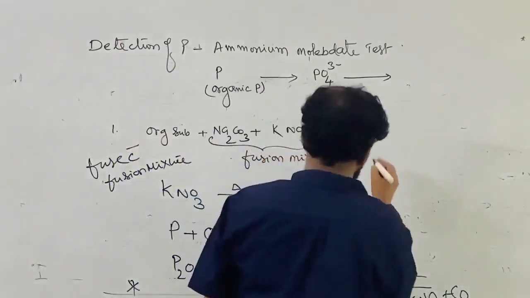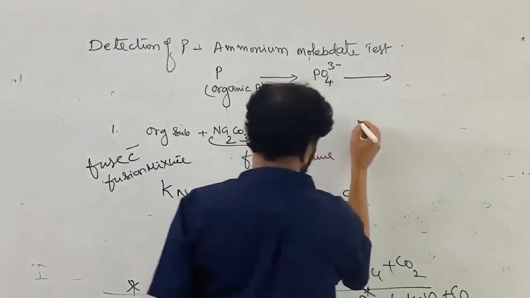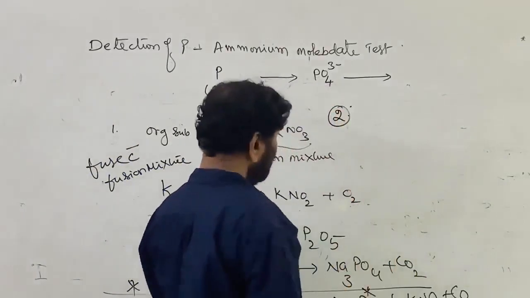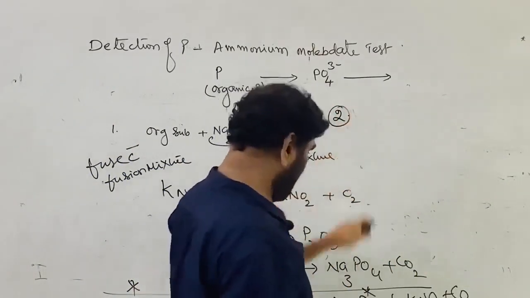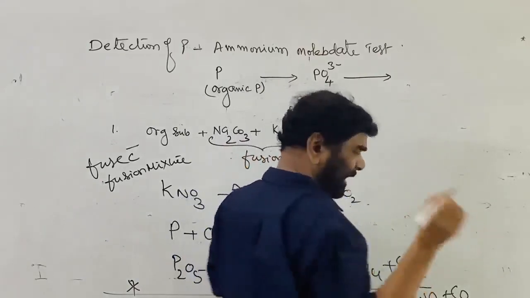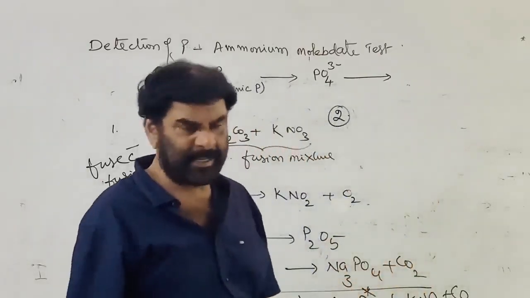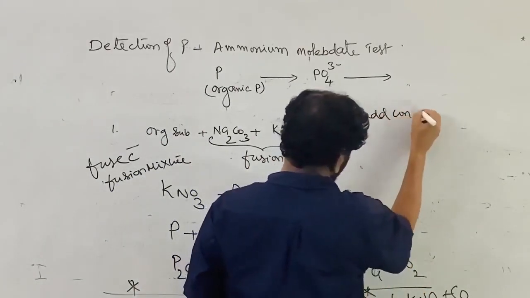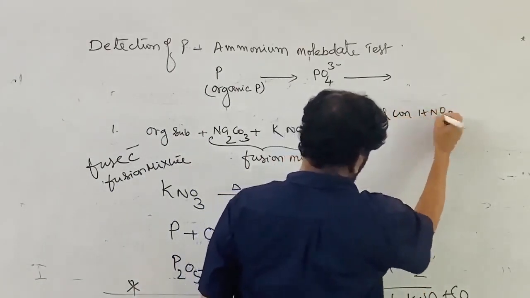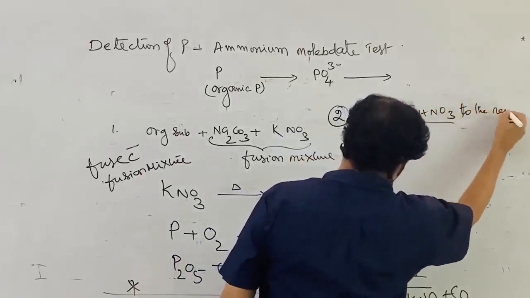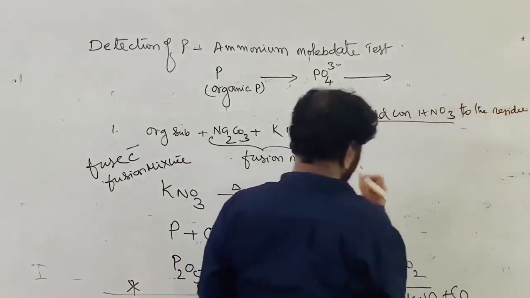Now the next thing is the second part of the test. It is treated with nitric acid. Add concentrated HNO3 to the residue.